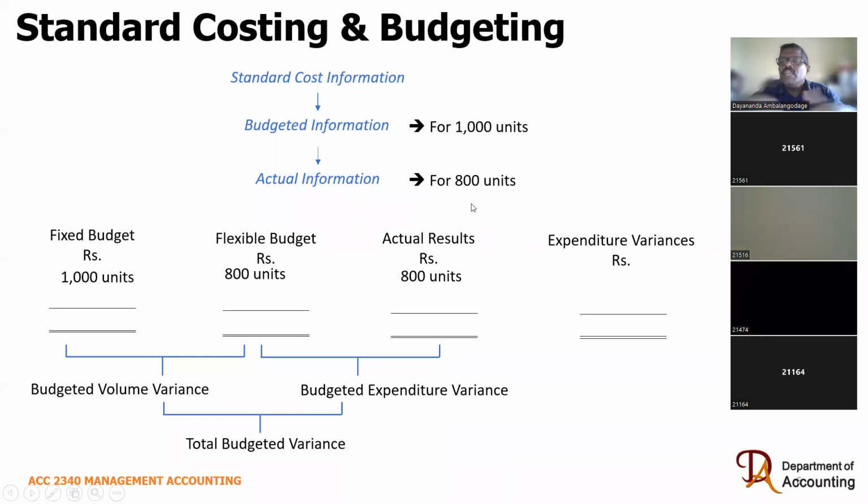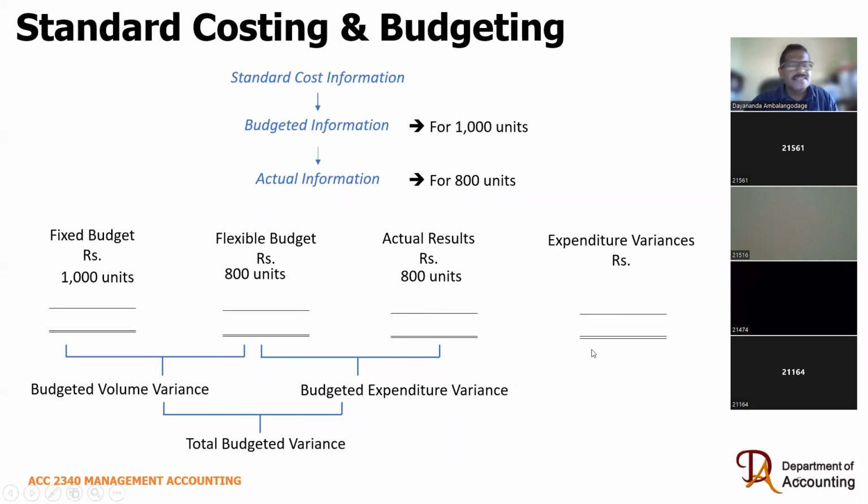So thereby, we need to convert this fixed budget we have prepared already so as to match with the actual. So that's called the flexible budget or the flex budget. So fixed budget 1,000, then we convert into flexible budget. Then of course we can compare. You may have different data, direct material, direct labor, whatever the resources you consume, you have under the budget, and the resources actually consumed, you can get the variances.